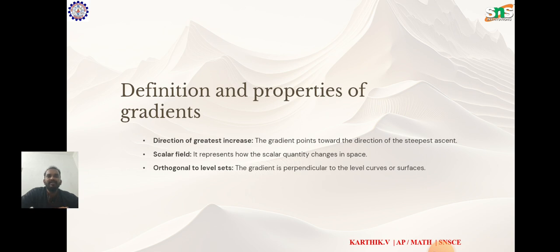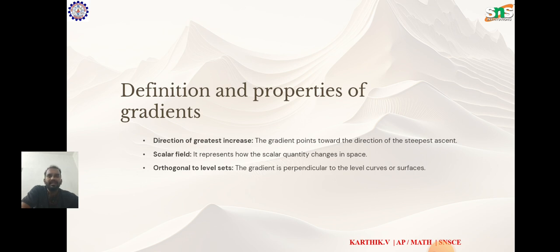Geometric interpretation. The gradient points in the direction of the steepest increase of the scalar field at a given point. The magnitude of the gradient represents the rate of change or slope of the scalar field in that direction. Directional derivative.